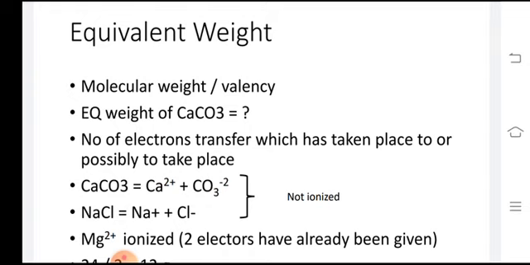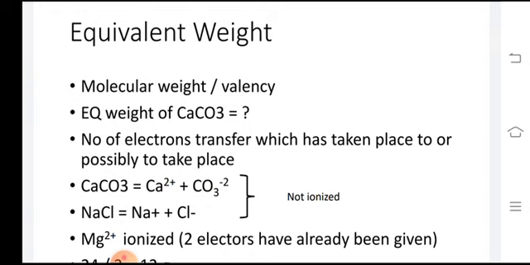And then these are the compounds which are not ionized. NaCl is another example. So NaCl will dissociate into Na plus and Cl minus. If you check the valence number of these ions and radicals, you will observe that calcium carbonate is going to have a valence number of 2, and similarly NaCl is going to have a valence number of 1.